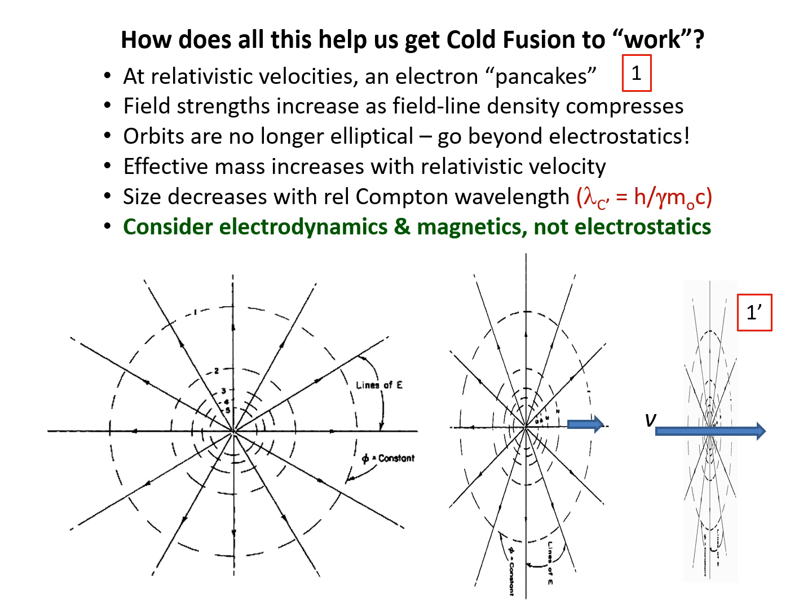How does all this help us get cold fusion to work? Electron shape change reflects the effects of relativity. At relativistic velocities, an electron pancakes. Field strength increases as field line densities increase.